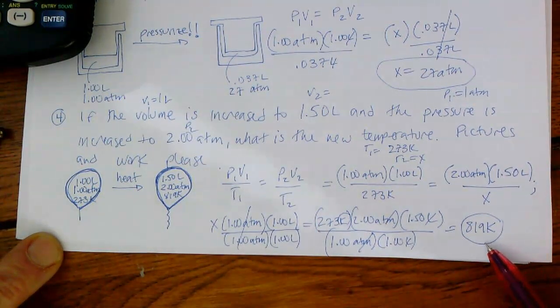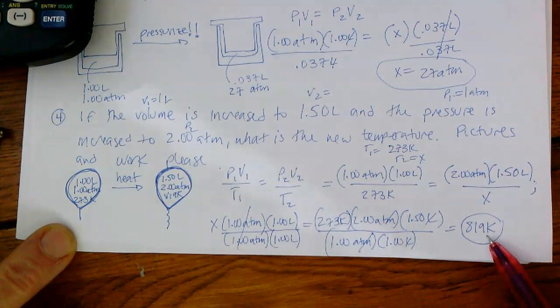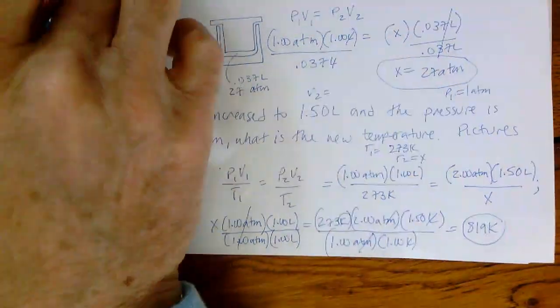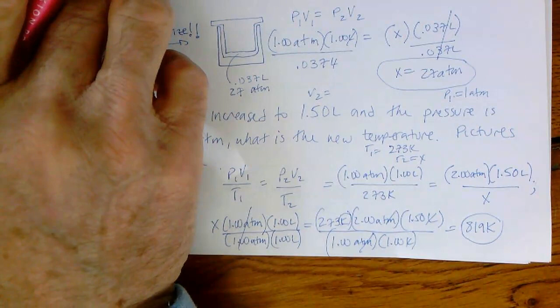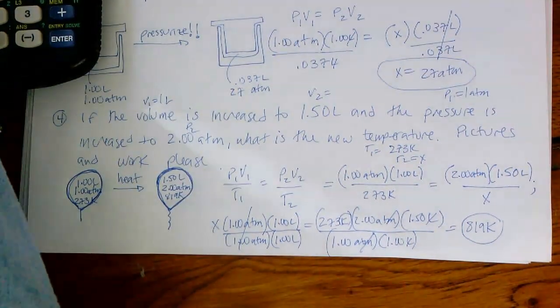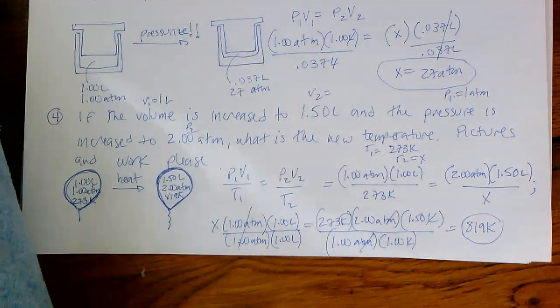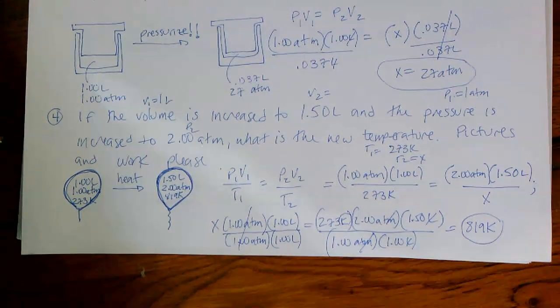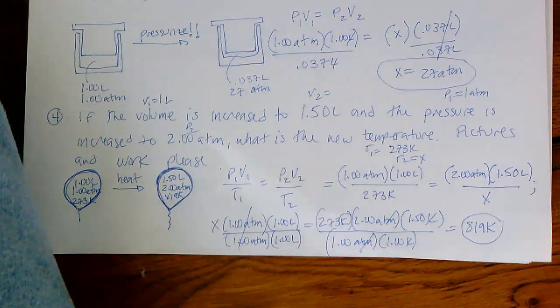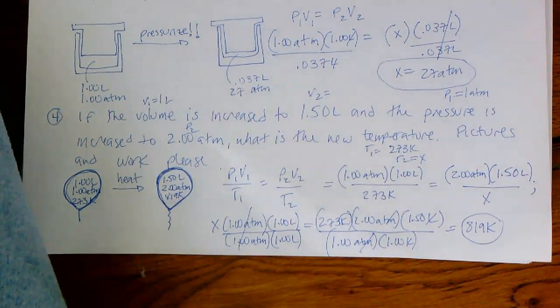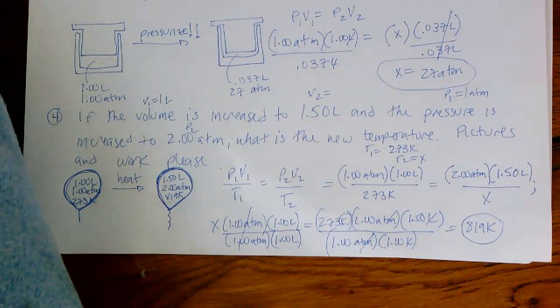So we had to go from 273 Kelvin up to 819 Kelvin. Yep, and there you go. Hey, the answer is correct, but I said it was the same as doing 2.5 times, but 273 times 2 times 1.5 equals 3. So this is actually tripling the temperature, Kelvin, just to add that little detail.